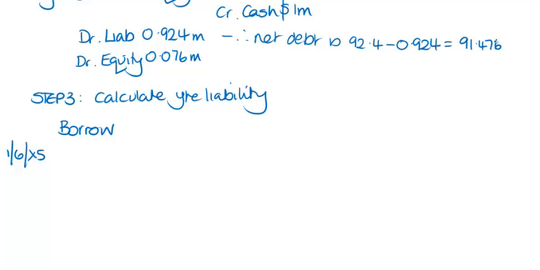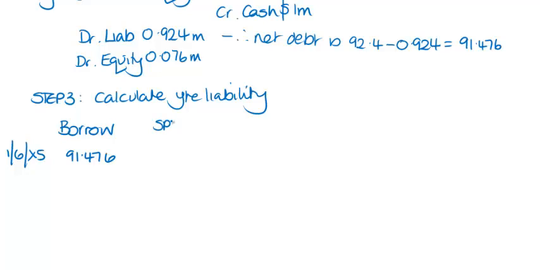So I've got a net debt. We have borrowed 91.476. Now, if you'd put in 92.4 and you've used the interest rate of 9%, you're going to get the right answer. You just lost 1 mark. The principles you demonstrated are always the same.